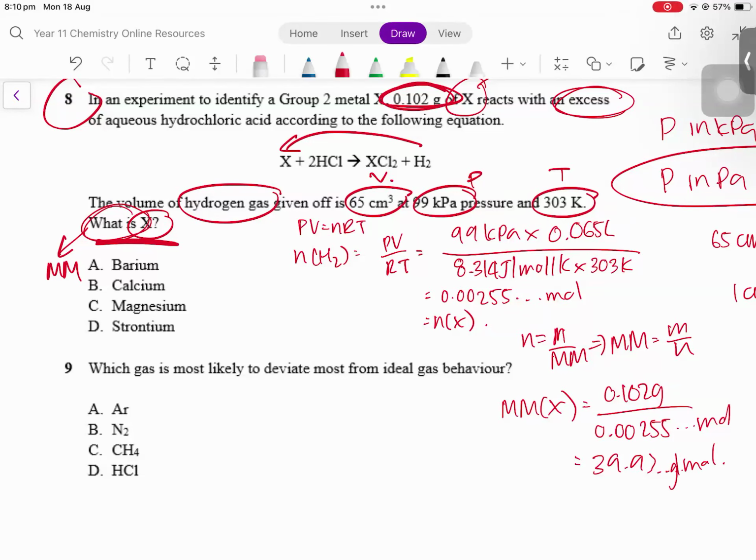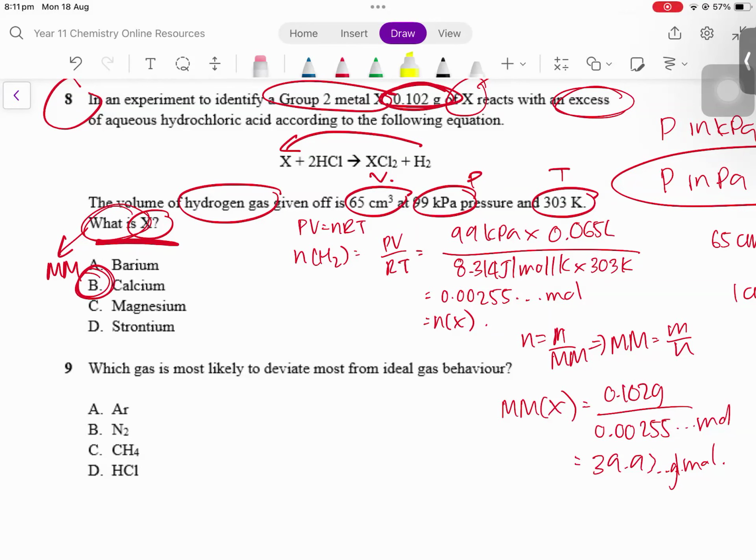And then you have to check what element this matches the molar mass of. And guys, they've told you it's a group 2 metal. You don't need to check every box in the periodic table. You just have to check the second column. Which one does this match closest to? Calcium, which is B. Good.